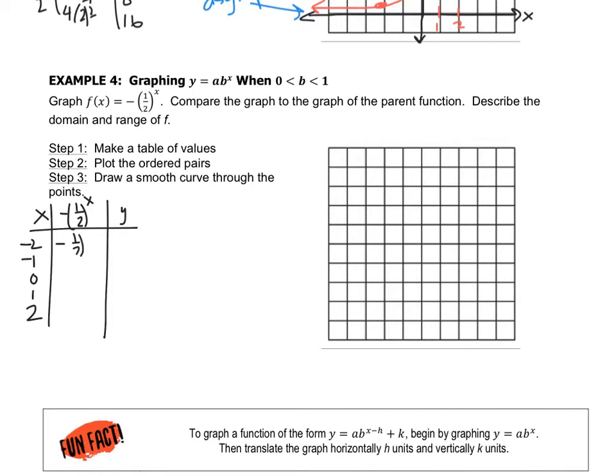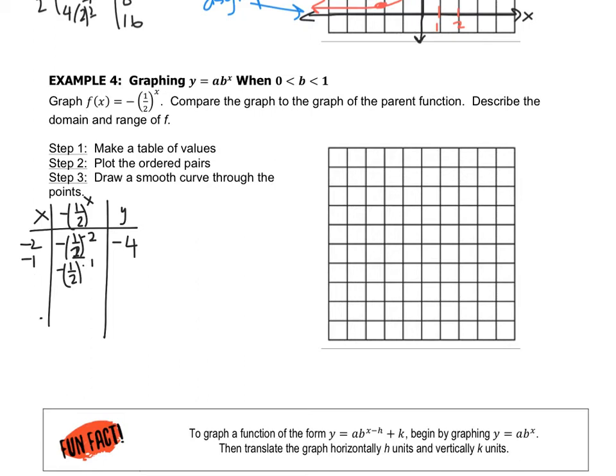So let's do it. -1/2 to the -2. 1/2 to the -2 is the same as 2 to the +2, which is 4. So this gives me -4. Now I do -1/2 to the -1.